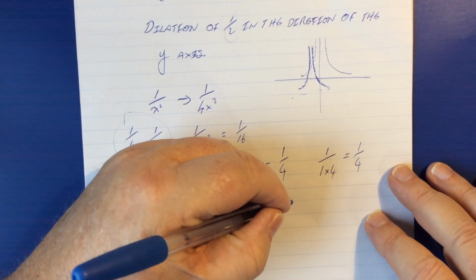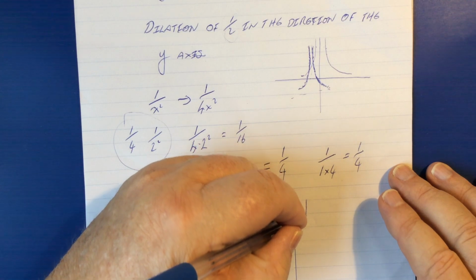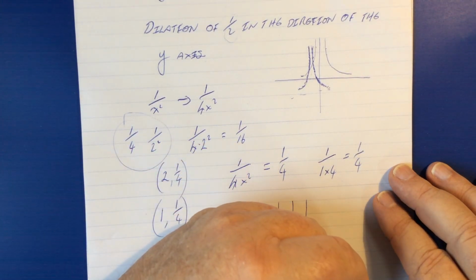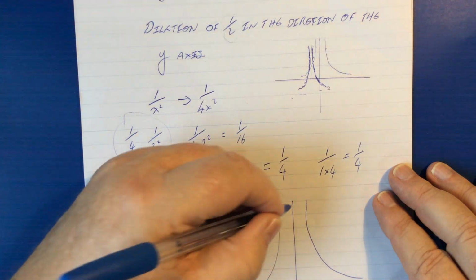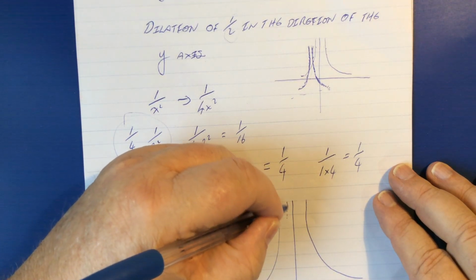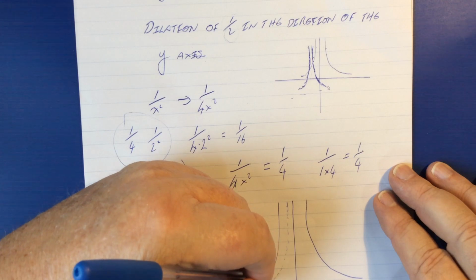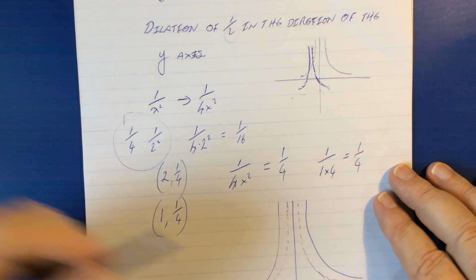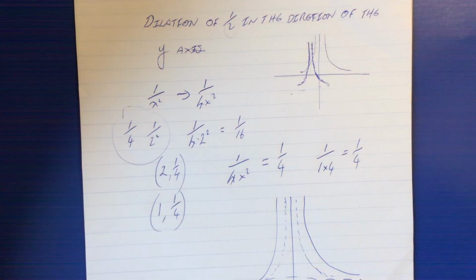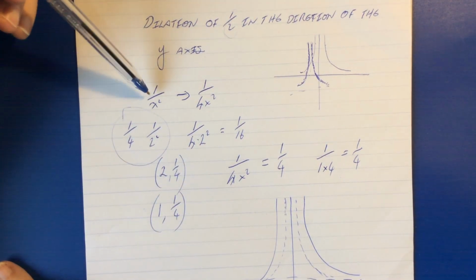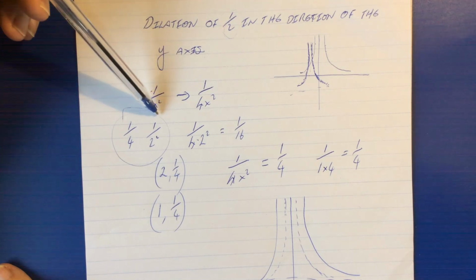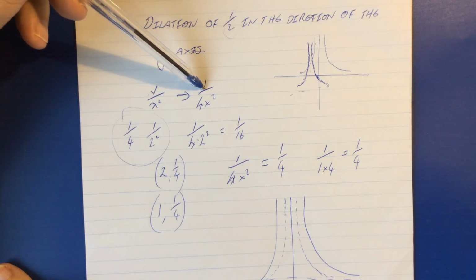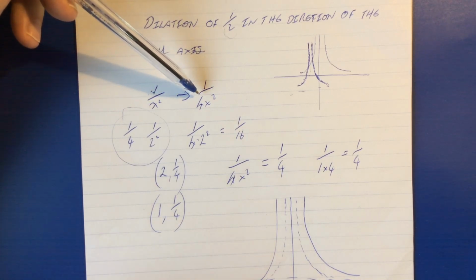So it is as if I was just concerned with, let me get this drawn properly, the dilation that did this. That's very crude again, but that's that. So what happens when this becomes this? What is the effect?